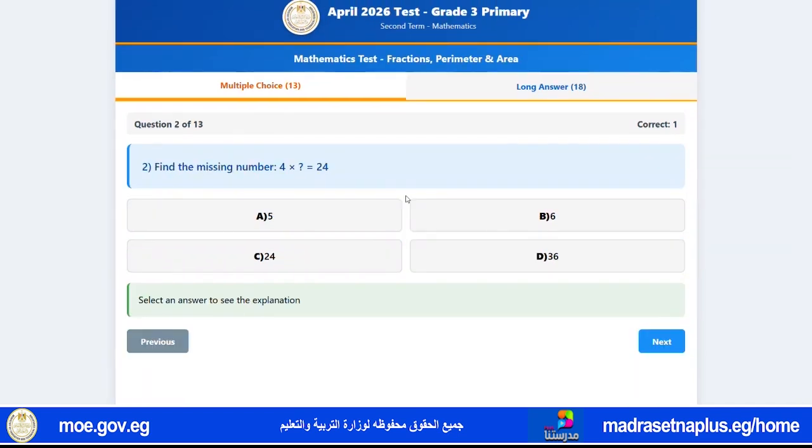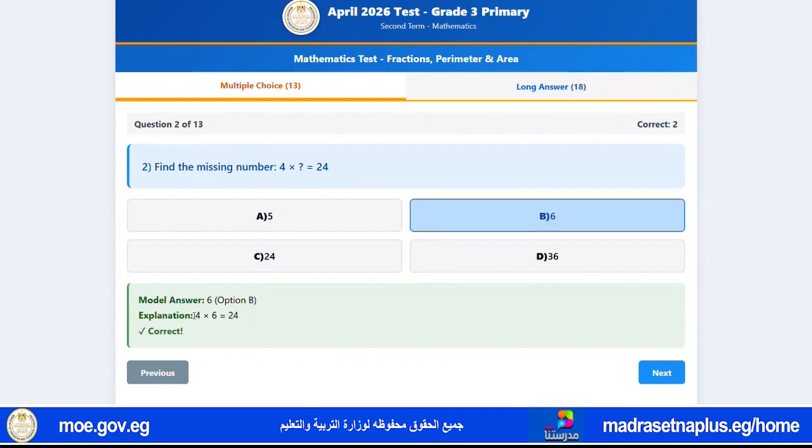Find the missing number. 4 times what equals 24? 4 times 5 is 20, times 6 is 24. So this is the right answer. We should choose 6. 4 times 6 equals 24, or 4 multiplied by 6 equals 24.